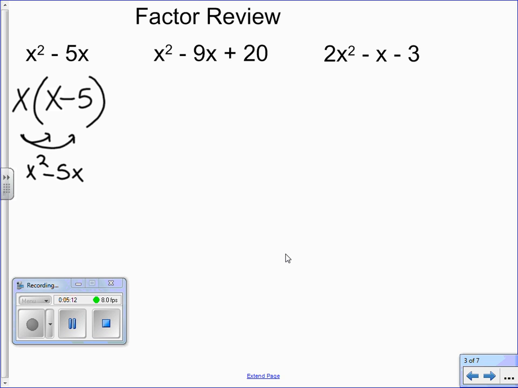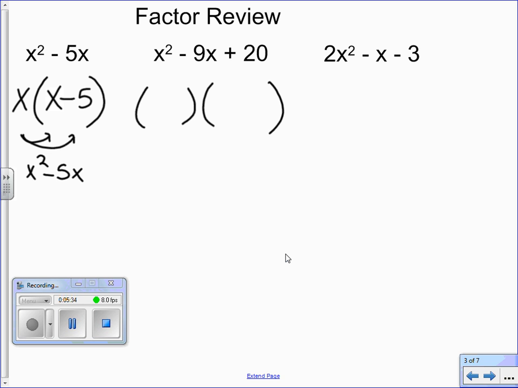So what we want to do on this one is basically unfoil. What were the two binomials, two terms, that we multiplied together to get x squared minus 9x plus 20? To do this, I use what I know about foiling or distribution.